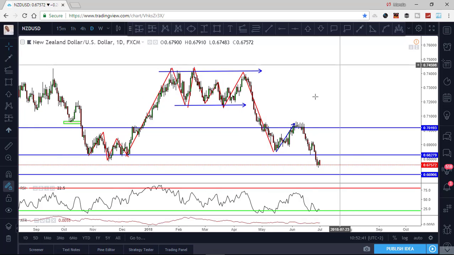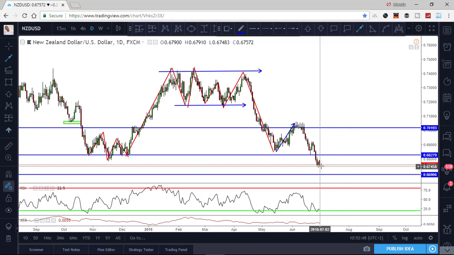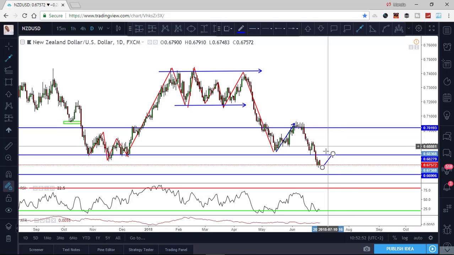Now that we see the price penetrated these support levels right here, I'll be looking for price to at least retest our support levels right here, giving us a structure swap or structure shift, okay.